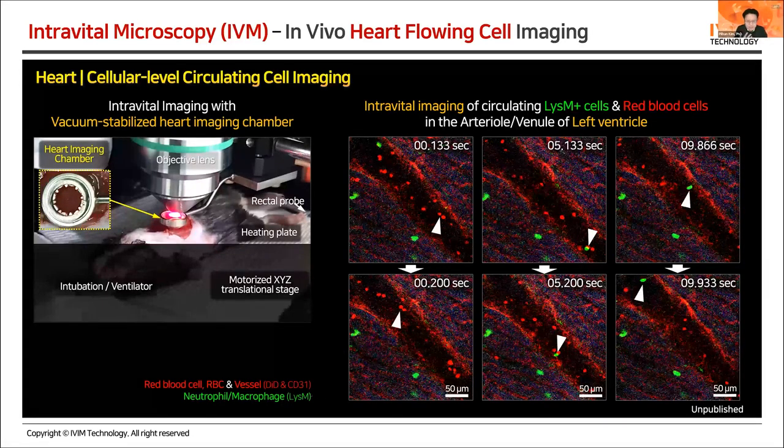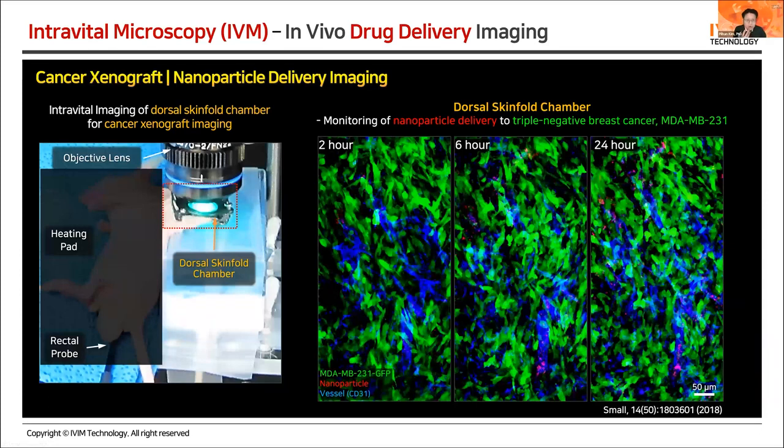Not just cells, we can also image drugs after fluorescence labeling. This is a 24-hour image obtained from a mouse model. In this image data, the green dots are cancer cells, human breast cancer cells. We made a breast cancer model using this mouse.